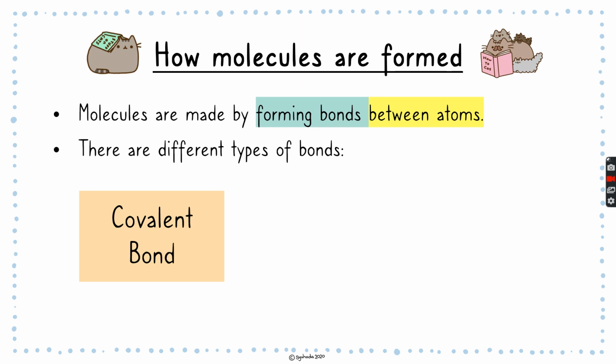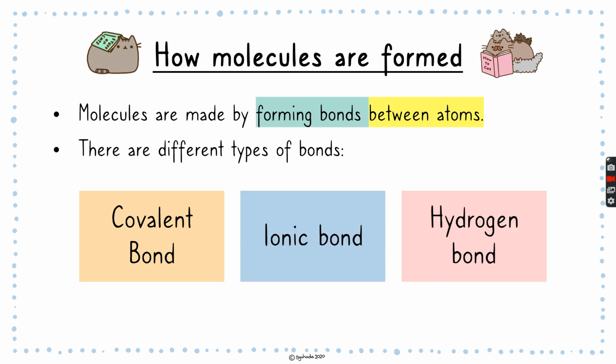The first type of bond is called the covalent bond, second ionic, and the third one is hydrogen bond. There's actually more than that, but I'm only going to state these 3 because these 3 are pretty important in biology. But just so you know, we're only going to focus on one type of bond, which is called the covalent bond.